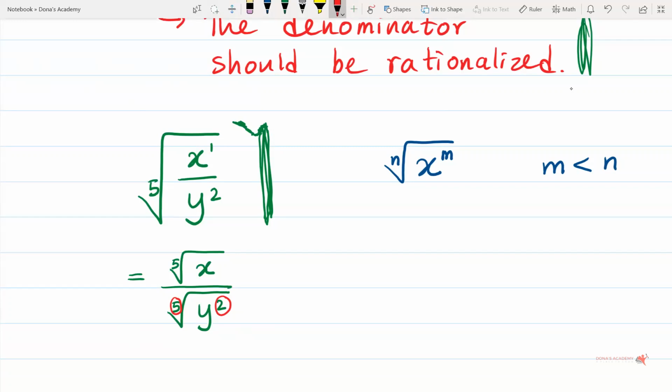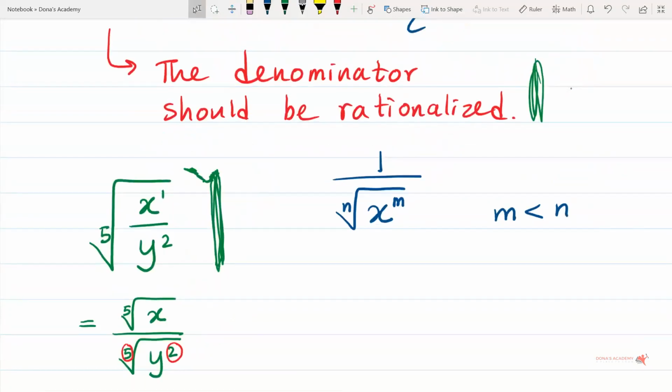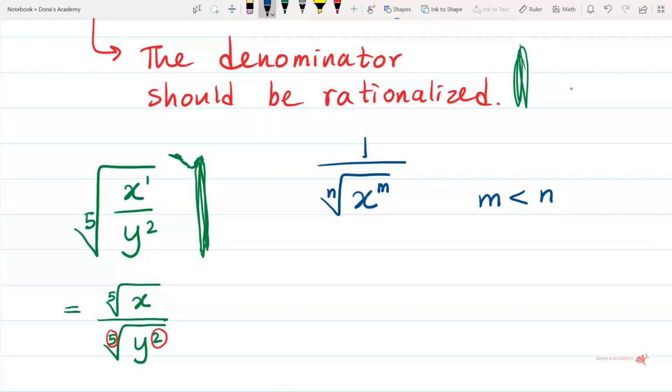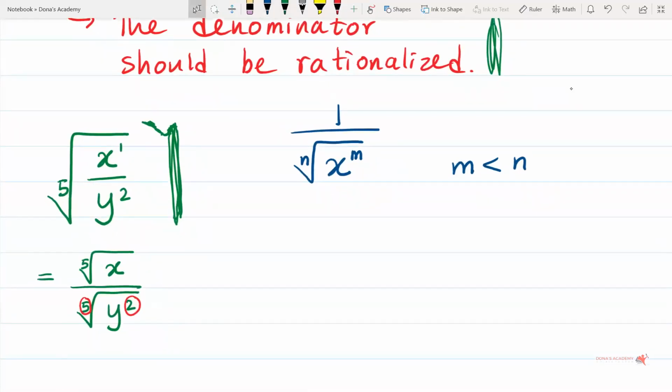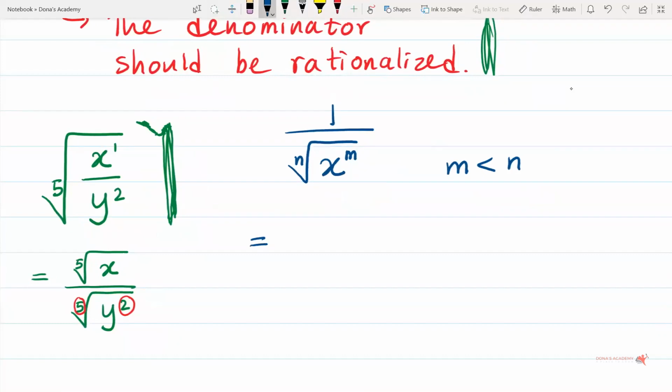Now, suppose we have this type of term in the denominator. How do we eliminate that, or how do we rationalize? All right, so rationalizing means we have to have integer factors, right? Let me explain it.